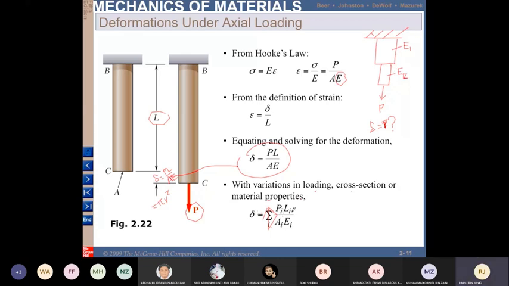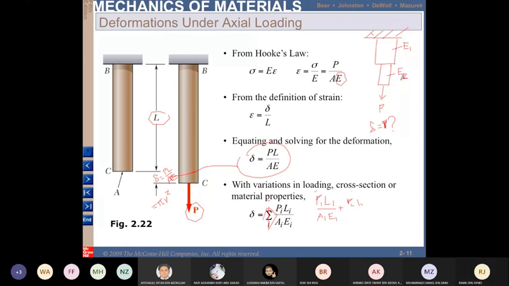So to solve the problem for this delta, you have to add P1 L1 over A1 E1 plus P2 L2 over A2 E2, because it has two things.